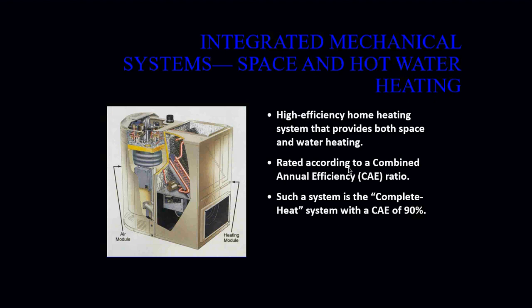Okay, your high efficiency home heating systems that provide both space and water heating, those are going to be rated according to a combined annual efficiency ratio or CAE. And those types of systems are the complete heat system. And those can have a rating of about 90%.